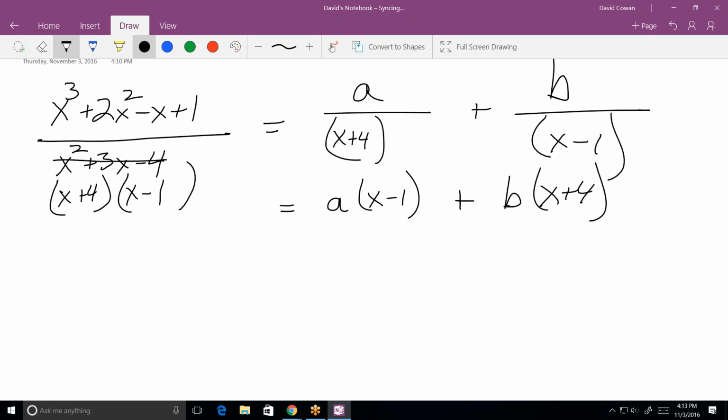Because I'm not going to end up with an x squared term on the right, let alone an x cubed term. Is this one of the problems where we have to divide it? Yes, exactly. What I failed to spot when I first looked at this was that the numerator was a higher degree polynomial than the denominator. So that's the first thing we have to do.